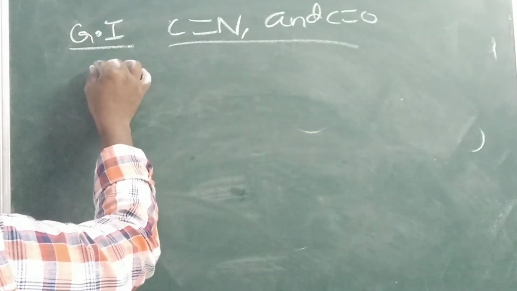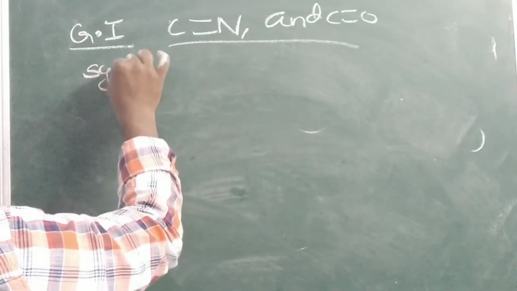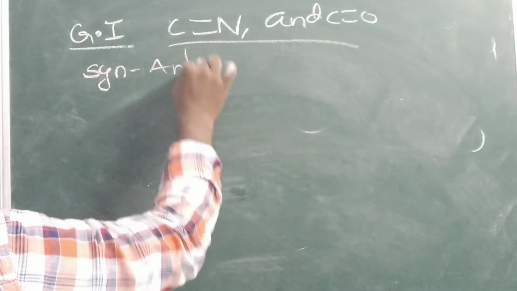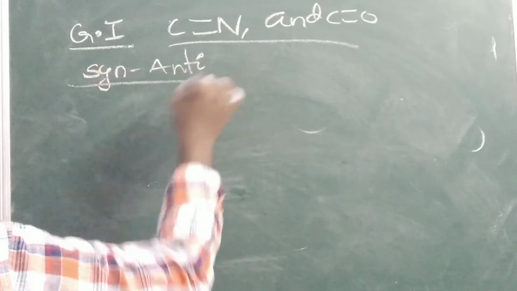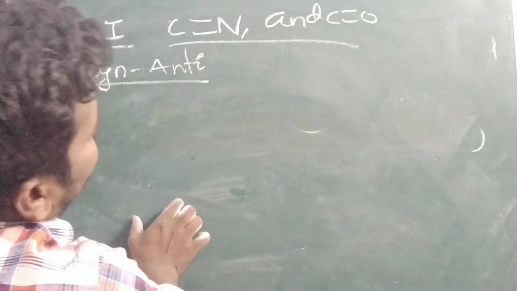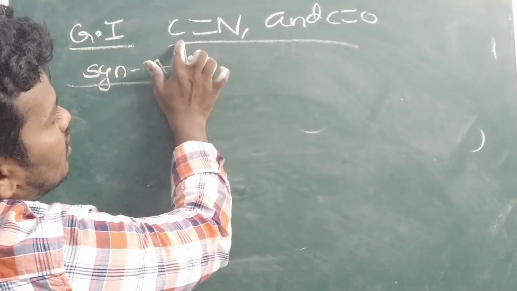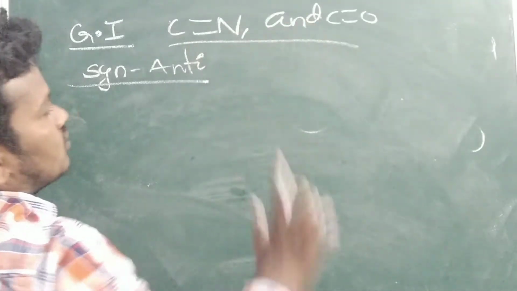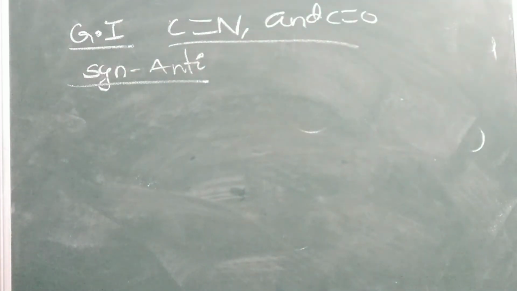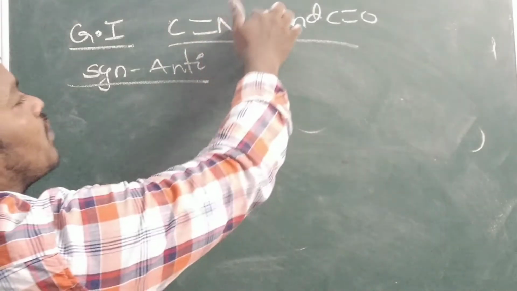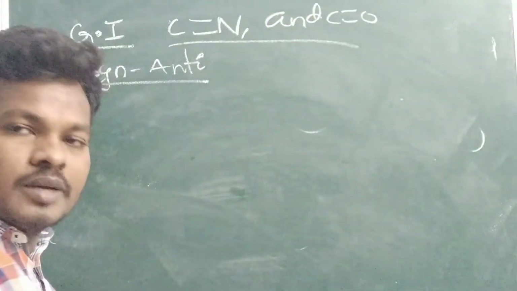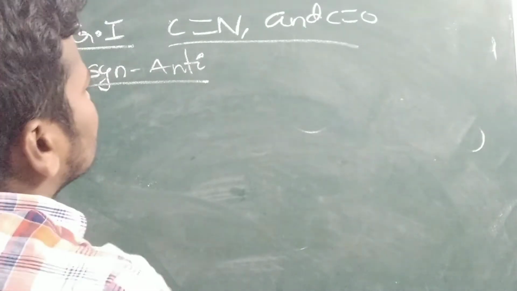Here you can see the two types of isomers: one is called syn, another is called anti. Syn and anti isomers are exhibited when carbon and nitrogen, or carbon and oxygen, whatever it may be, with remaining groups like OH. Carbon, nitrogen.